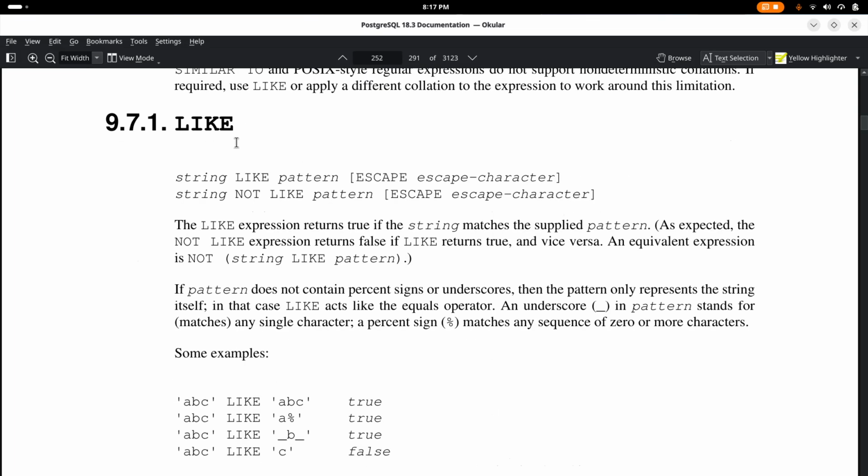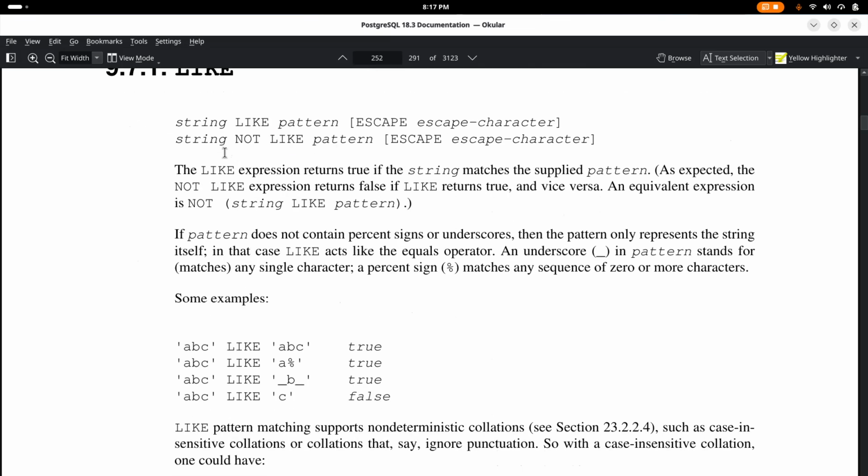So how does LIKE work? You take a string, you take LIKE, and you give a pattern. And string NOT LIKE, and then you give a pattern. The LIKE expression returns true if the string matches the supplied pattern. As expected, the NOT LIKE expression returns false if LIKE returns true, and vice versa.